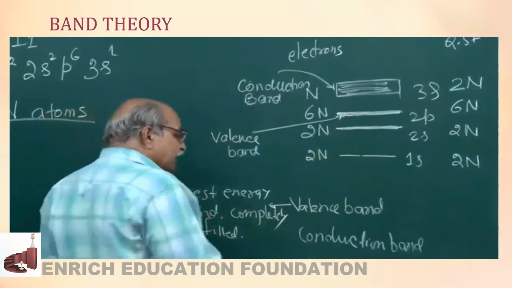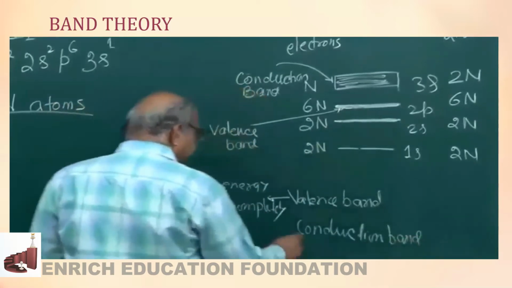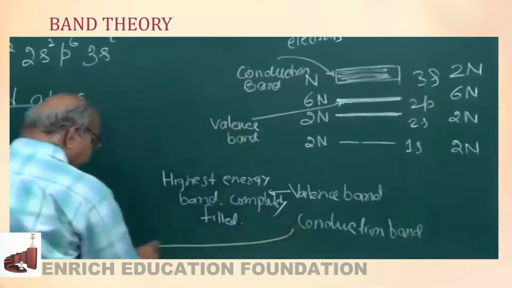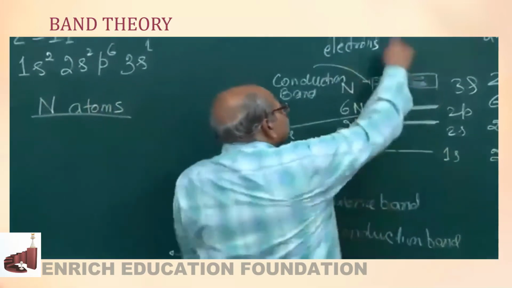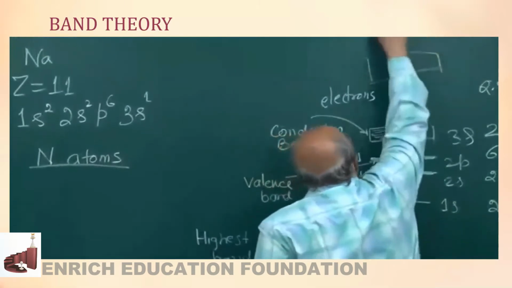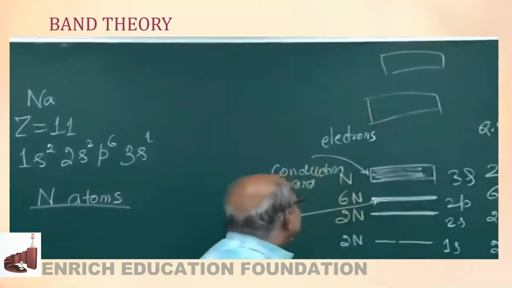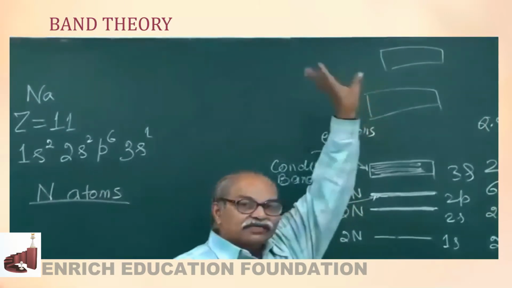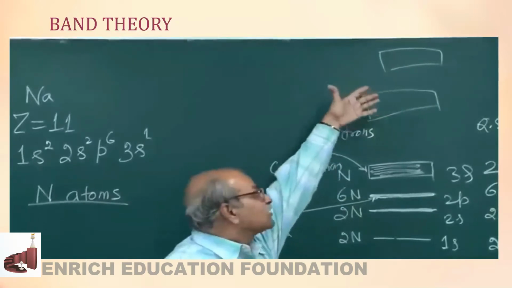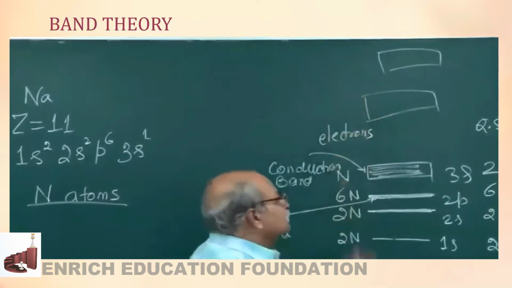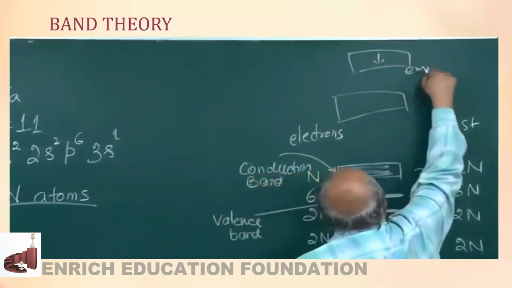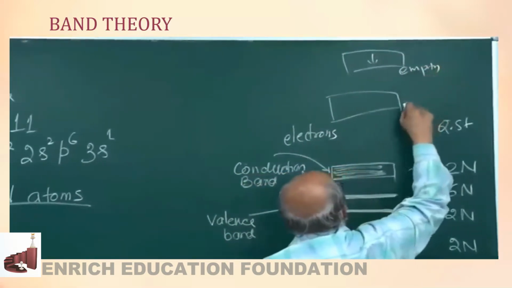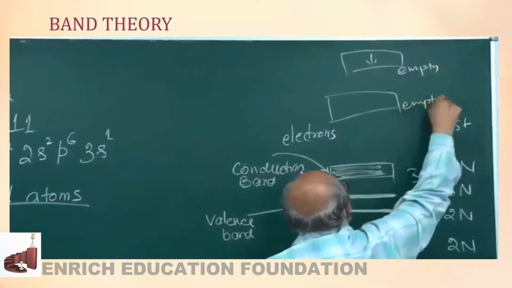And next to valence band will be this conduction band. You can come from top, you have other bands here also, you have 3s, 3p, 3d, 4s, everything is there. They are all empty. So if I come from top, this is all empty. This is completely empty. This is completely empty.